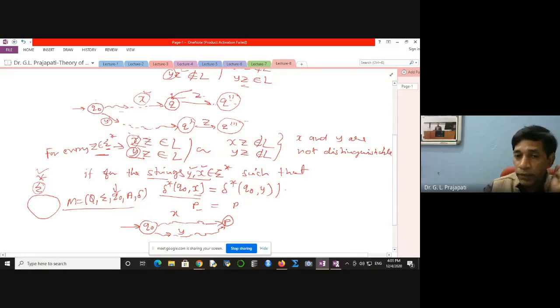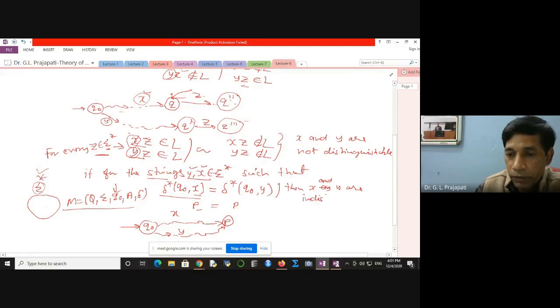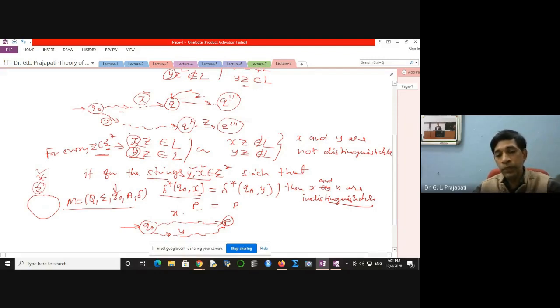Then what I'm saying is that x and y are indistinguishable. So you cannot distinguish them. Why is it so? What is the condition for indistinguishability?